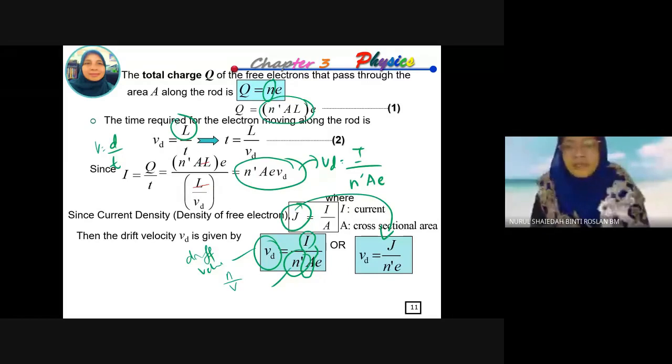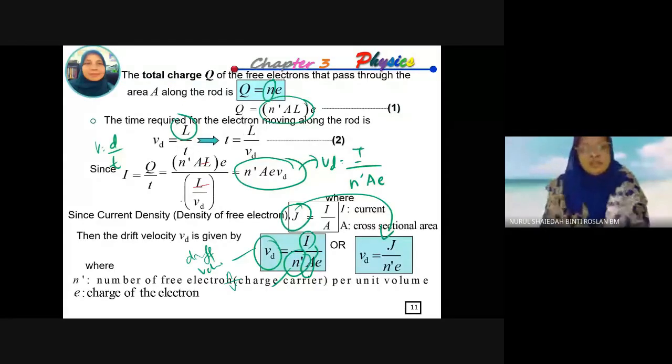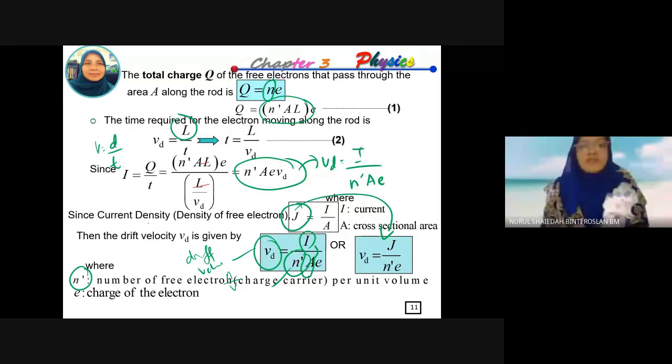This is important: N prime is the number of electrons per volume. Don't confuse N prime with N. N is the number of electrons, N prime is the number of electrons per volume.